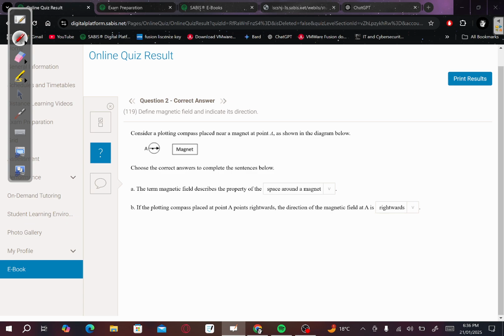So for example, this would be my magnet and S, right? It would go like this. So I extended the line too long. It would go like this. Okay, I mean it's a very bad drawing, but you know, I'm not the best artist. So it's like this. Now, as you can see, it is pointing rightwards at this time.